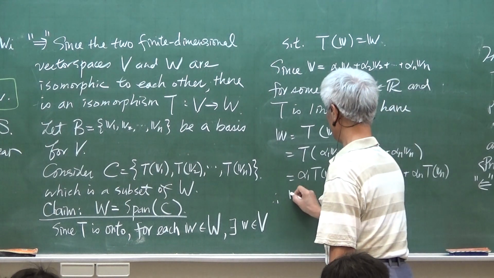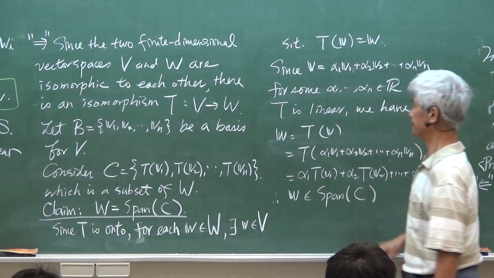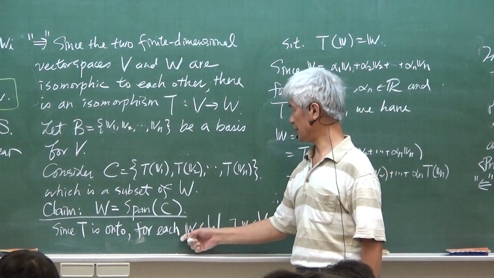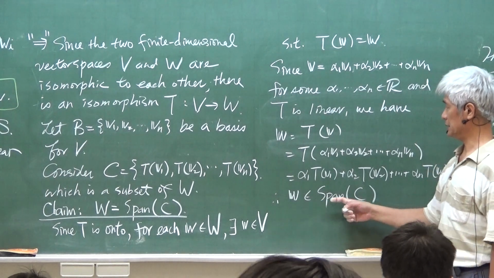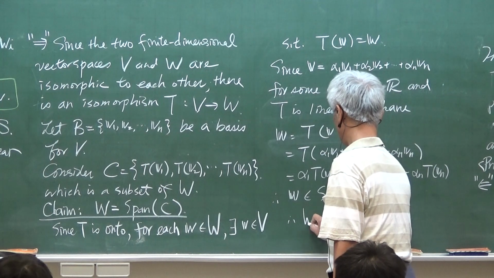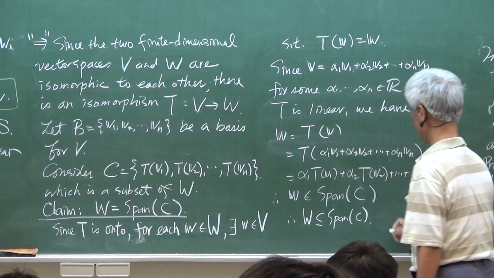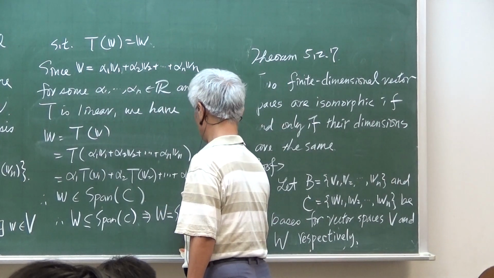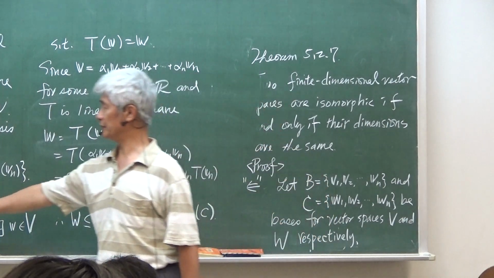So you can see that w is in the span of C. For each w in the codomain, w is in the span of C. So W is a subset of the span of C. This implies that W is equal to the span of C. So we prove the first claim.